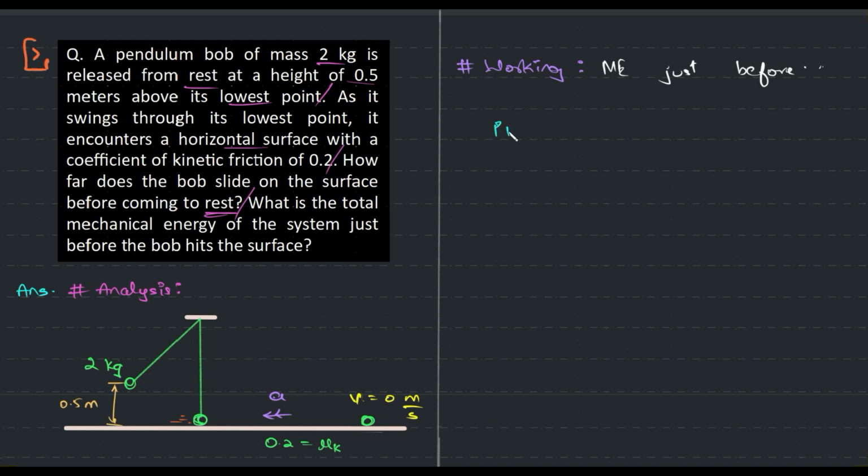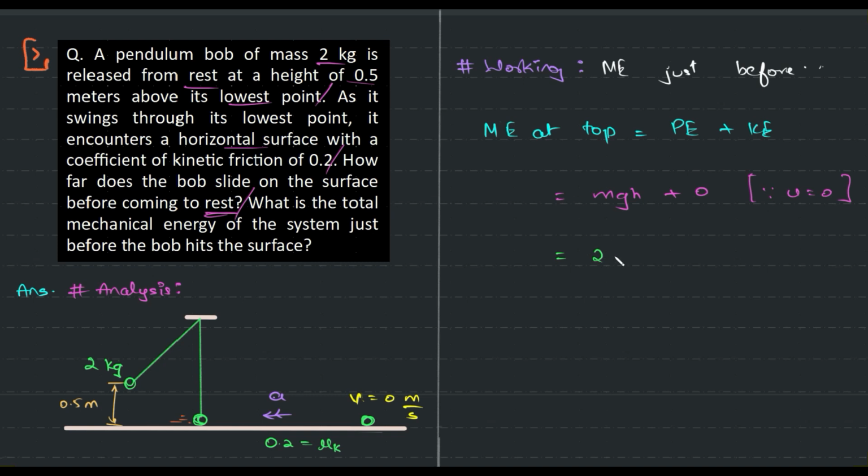For that I'll figure out potential energy at top, or mechanical energy at top. This will be equal to potential energy plus kinetic energy. So this will be equal to just mgh plus 0, as u is 0.